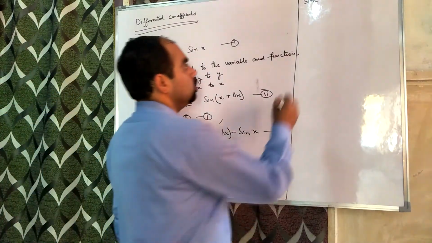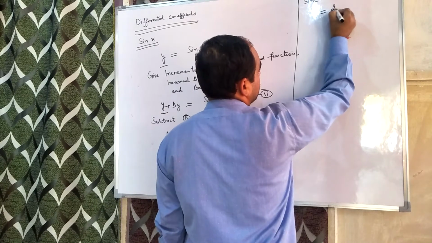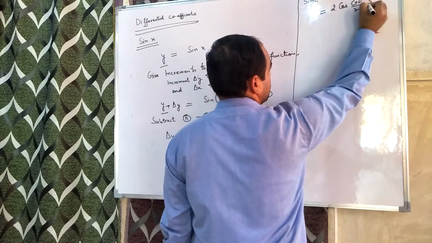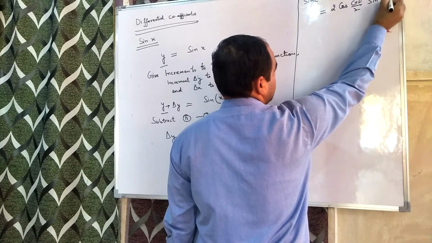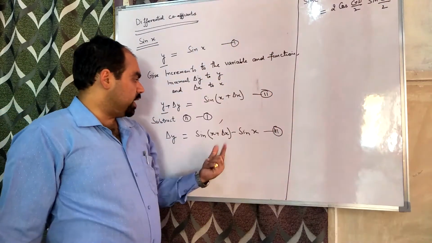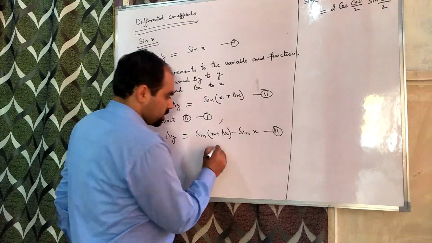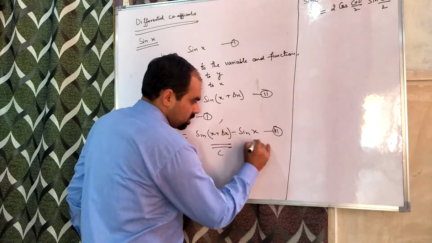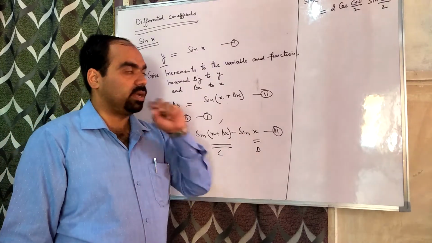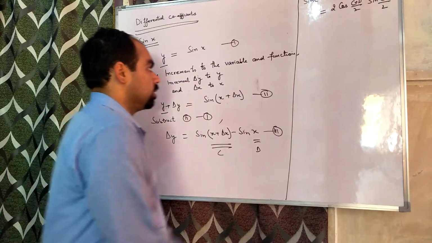It is going to be 2 times cos of (c plus d) by 2 sine of (c minus d) by 2. Here c and d are represented by x: this is c, this is d. So this is sine c minus sine d.